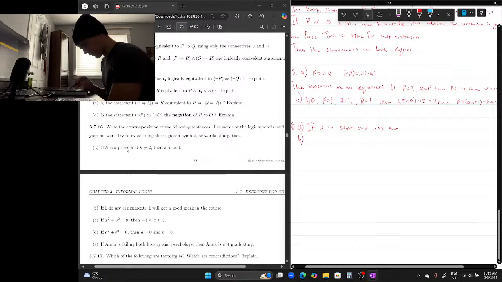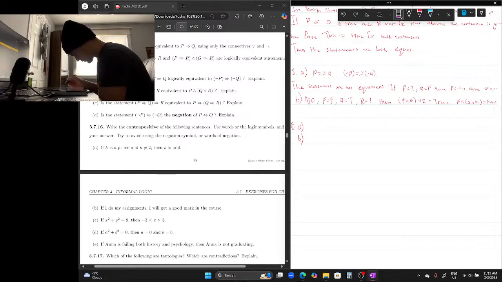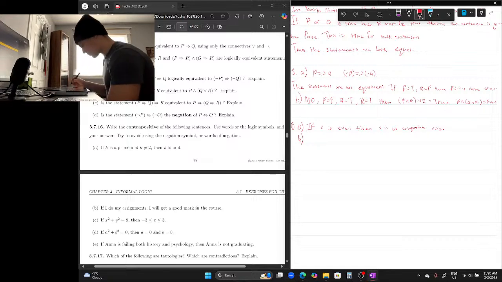So x is even. Oh, I see, I messed it up. So if x is even, then x is prime, or x is composite, or x is greater than or equal to 2.